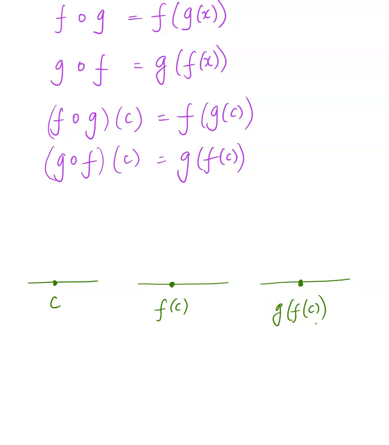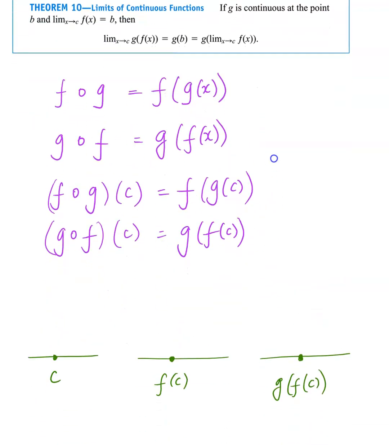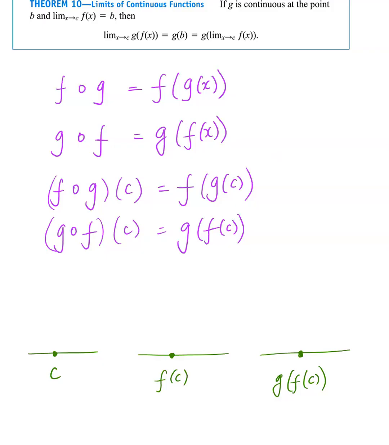So if you go back to the definition, it says f is continuous at C. Let's think of this arch that helps us to make the connection. It goes from here to here. That means f is continuous at C, right? Because it's f of C.